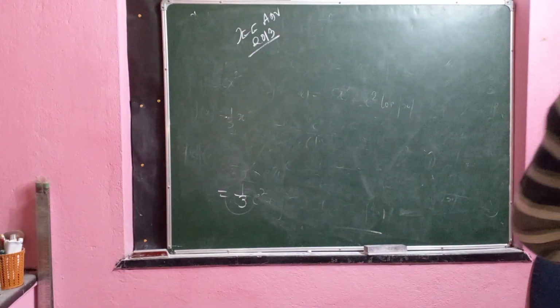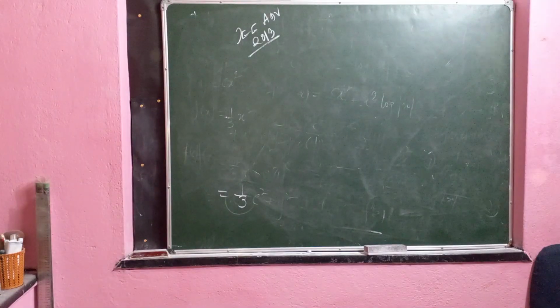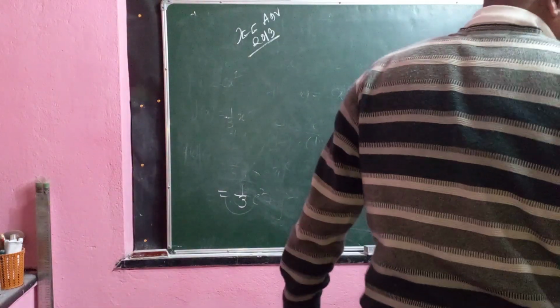It says the curve passes through the point (1, pi by 6). Let the slope of the curve at each point be this, and find the equation of the curve.